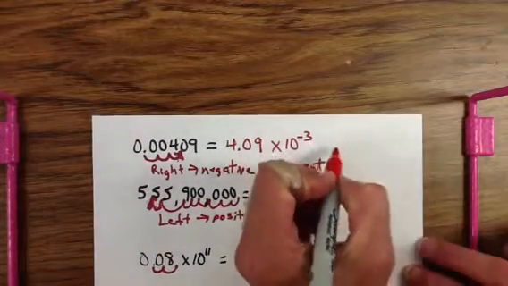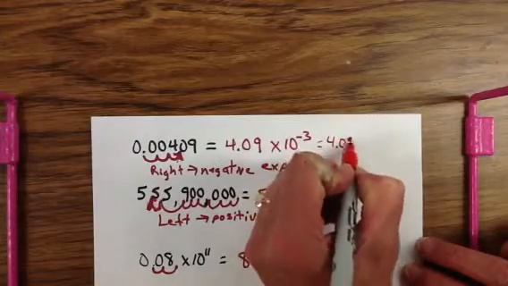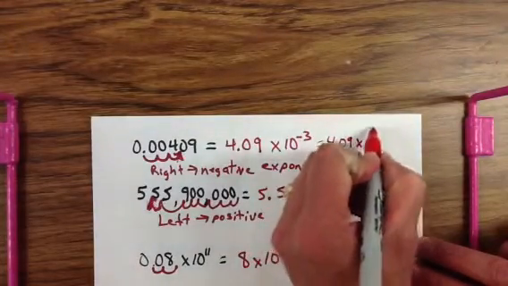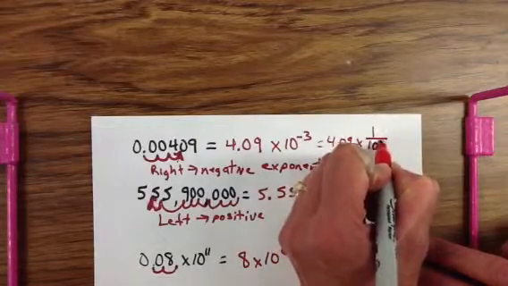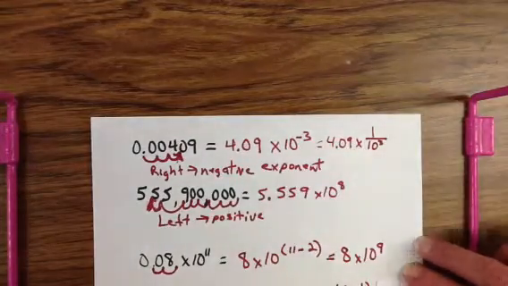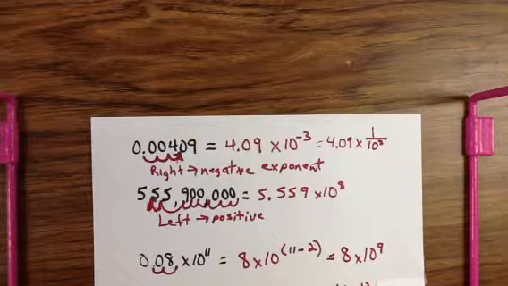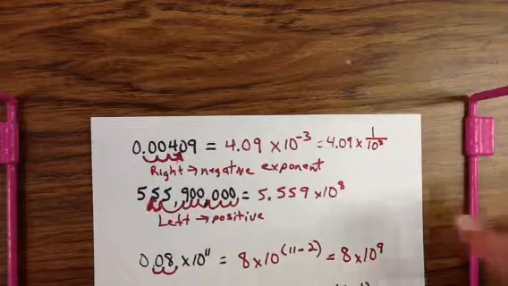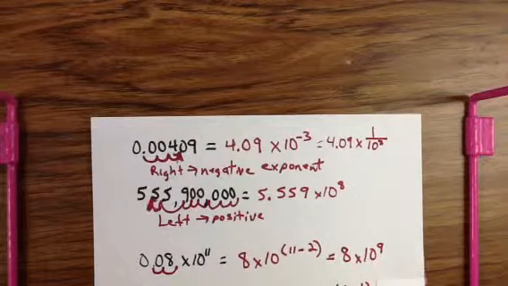Another way of representing 10 to the negative 3 would be 4.09 times 1 divided by 10 to the positive 3 value. Okay, so 10 to the negative 3 is really dividing by 10 to the third power.